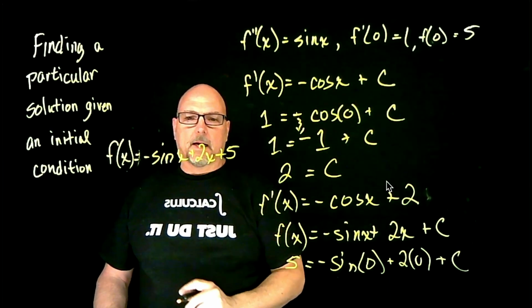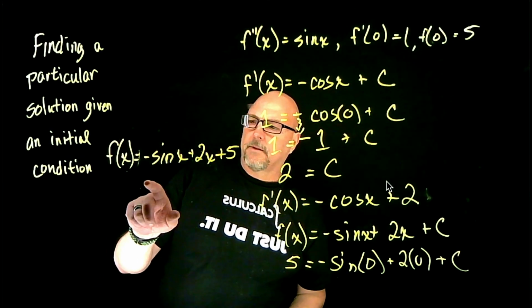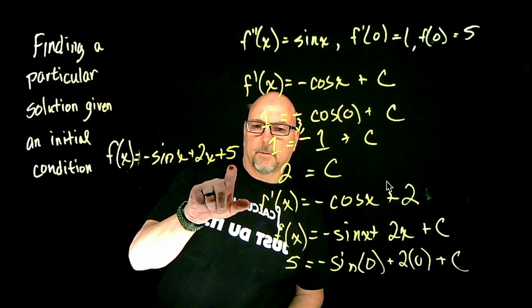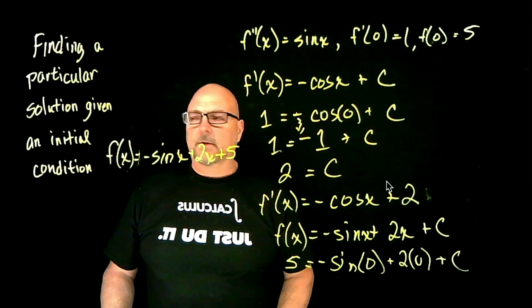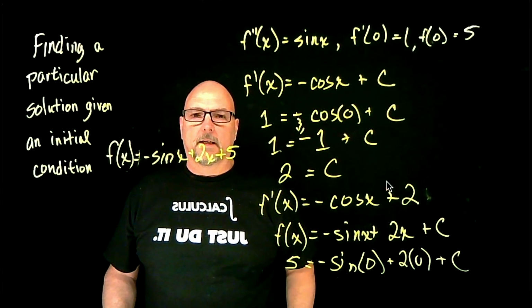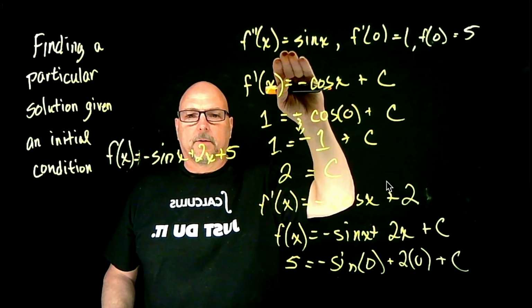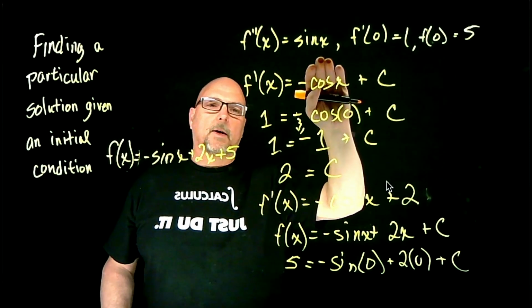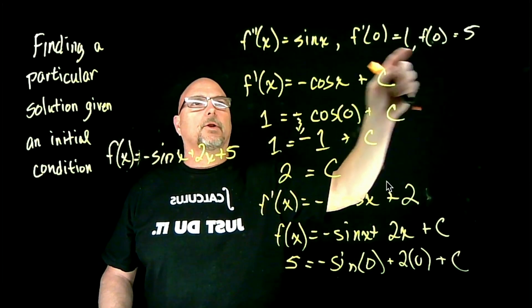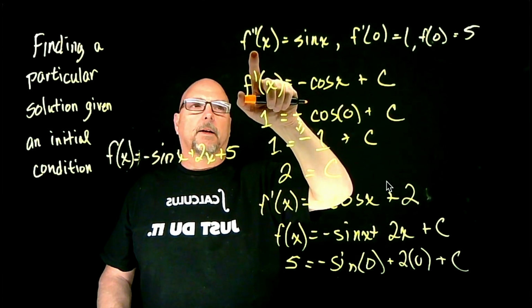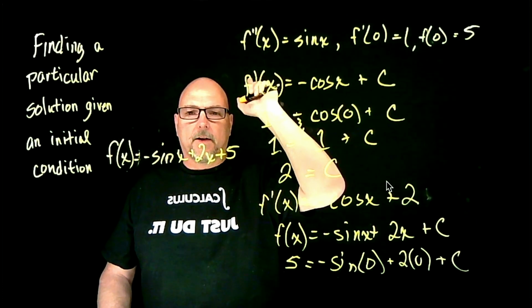So negative sine x plus 2x plus 5 is the final answer. And that's finding a particular solution when you're given some initial conditions. So it always starts the same. It always starts with a differential equation and 1 or 2 or more initial conditions, depending on what we're starting with here. All right, so hopefully you got some value out of that.